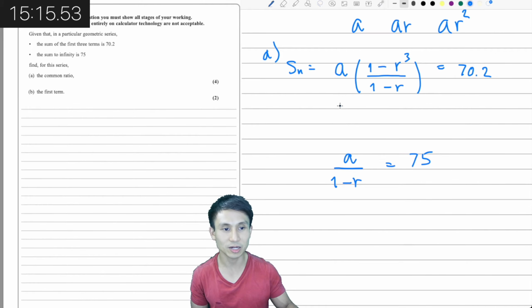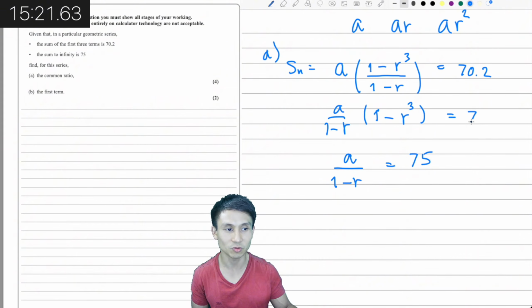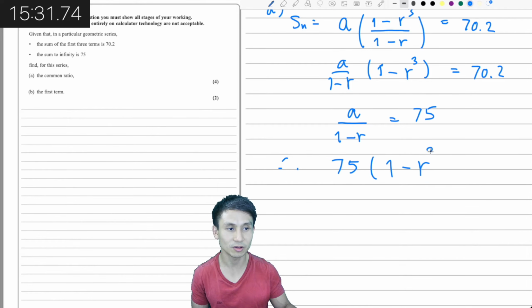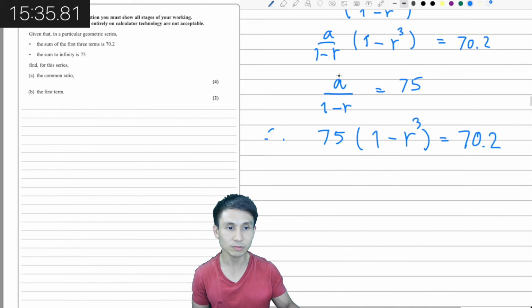I can rearrange that into a over 1 minus r times 1 minus r cubed equals 70.2. And I can sub this from the infinite series into that. So therefore, considering two equations, we have this.